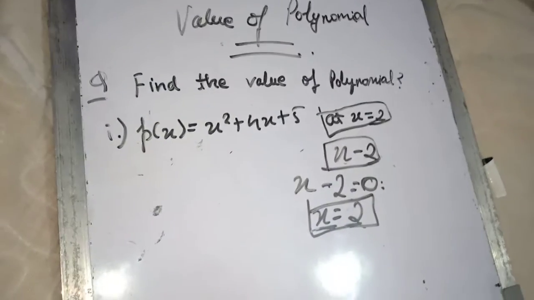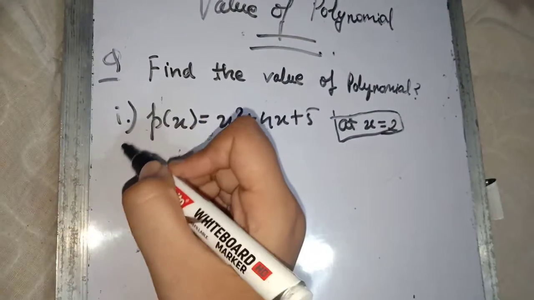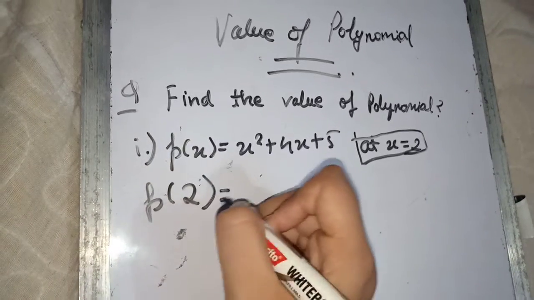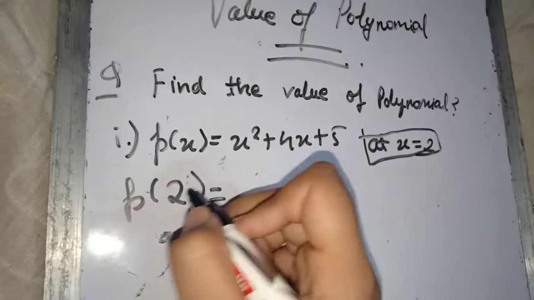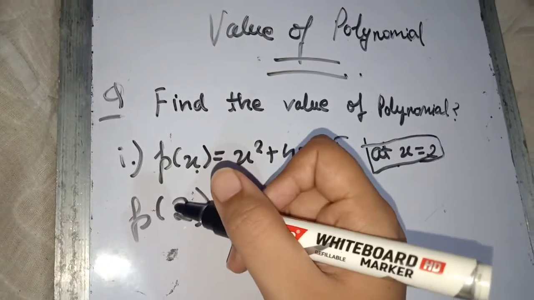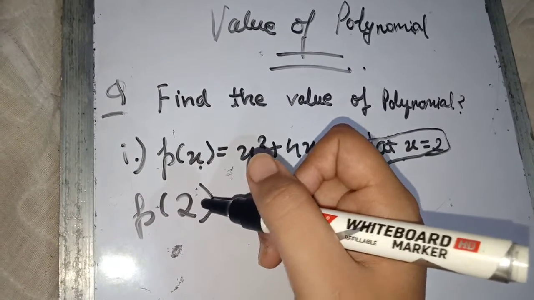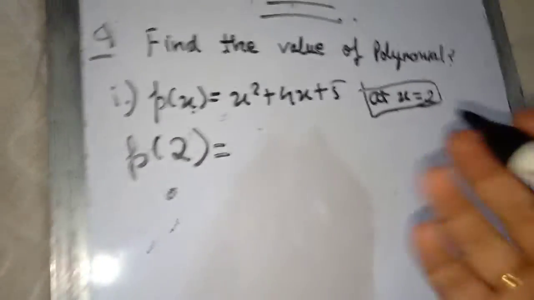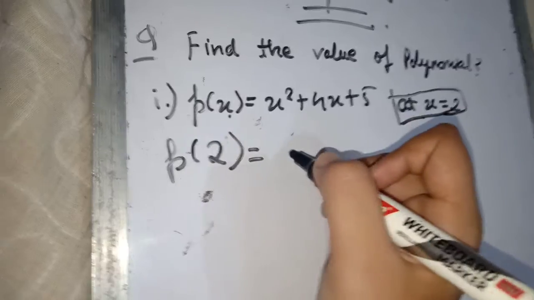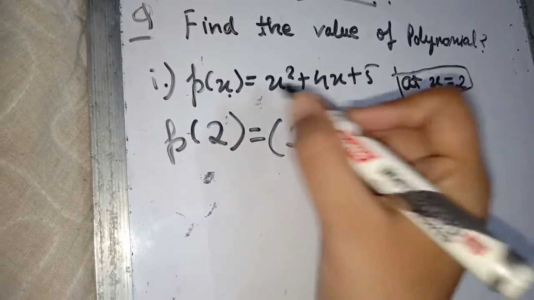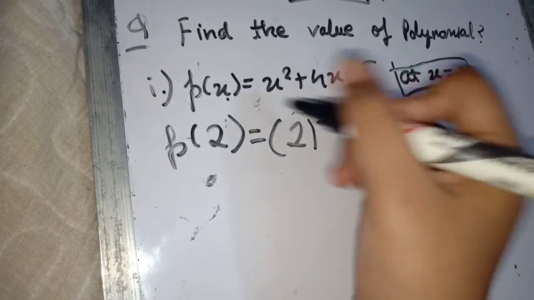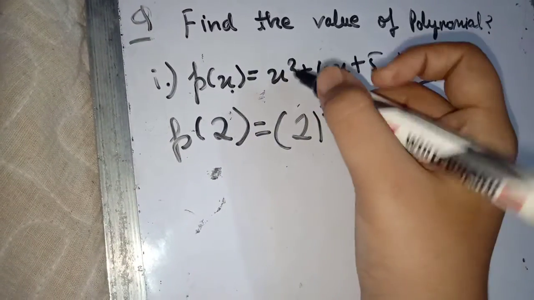So now we will do it: for x, it is given 2. So now we will place the 2 here. The x value is 2. Now 2 square, we will place the value of 2 wherever there is x.